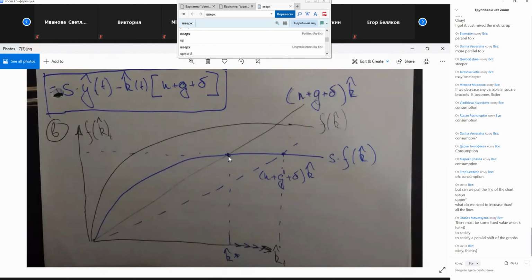However, if our speed of technology growth slows down, you see that the steady state actually moves to the right. Now, this is not super intuitive, because what we see here is that we still accumulate knowledge, but slower, and it means that the steady state will have a larger capital level per unit of effective labor.